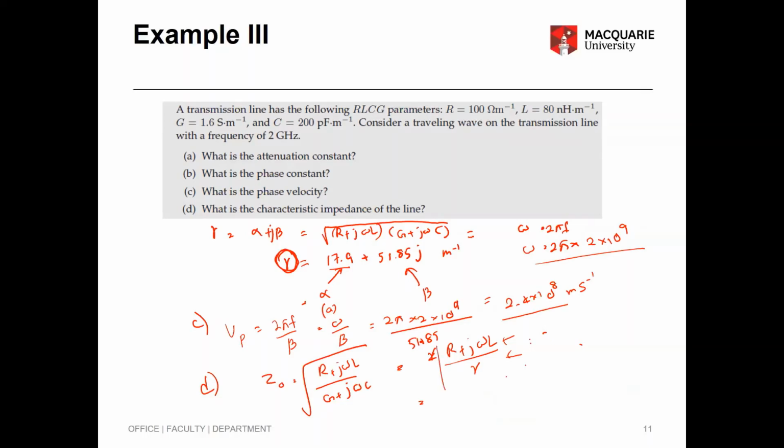This is much easier with MATLAB, but if you use a calculator, you will have to convert to phasors and go through basic mathematics to find the square root of a complex number. When you do this, you will get Z naught as 17.9 plus j 4.3 ohms. So that's the direct substitution into the equations that were given before.